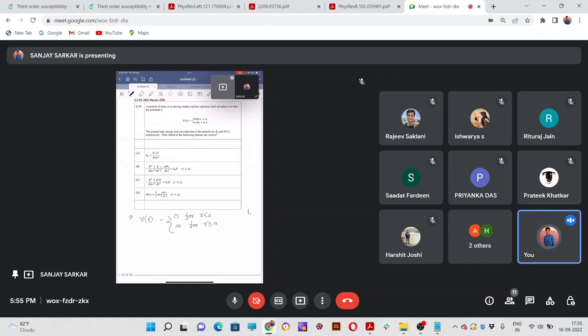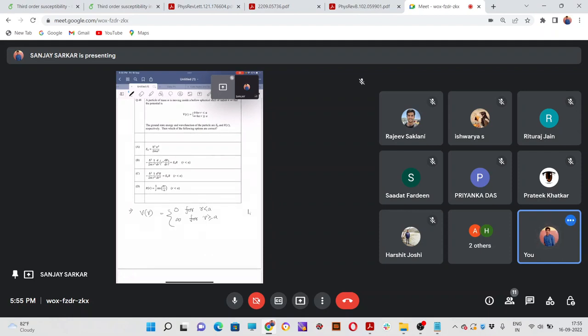The options are given for the radial wave function, and the energy also comes out from the radial wave function, so we need to solve the radial equation.